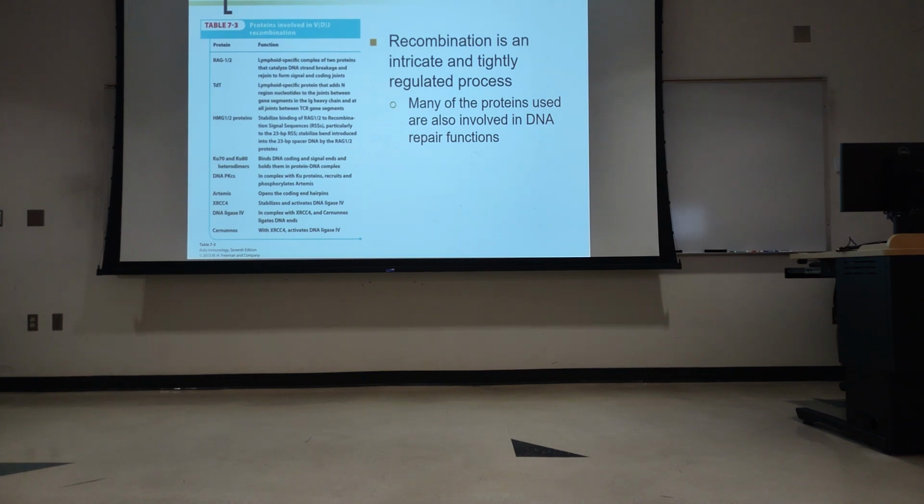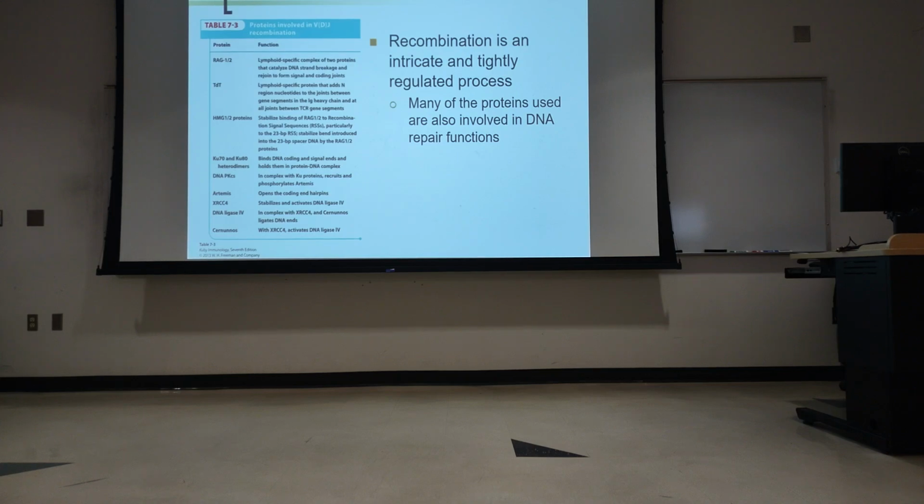RAG stands for recombination activating gene 1 and 2. Right? So we're doing recombination because that's what this is called. It's called gene recombination that allows us to build a unique BCR and a unique TCR. So RAG1 and 2 are essential.